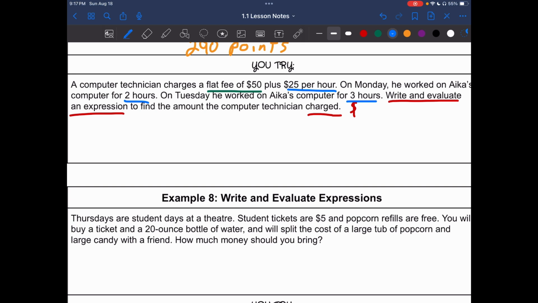So we have a starting amount of 50. So I'll do that in the green, 50, because that's how much he's charging to begin with. And then he is charging by the hour, so it's 2 hours times $25. And it's 3 hours times $25.